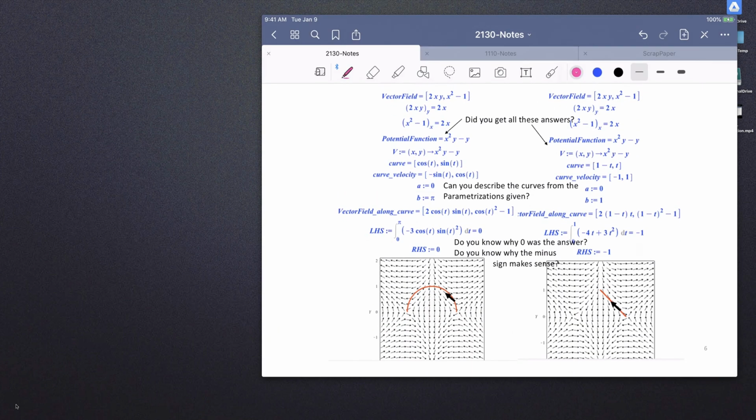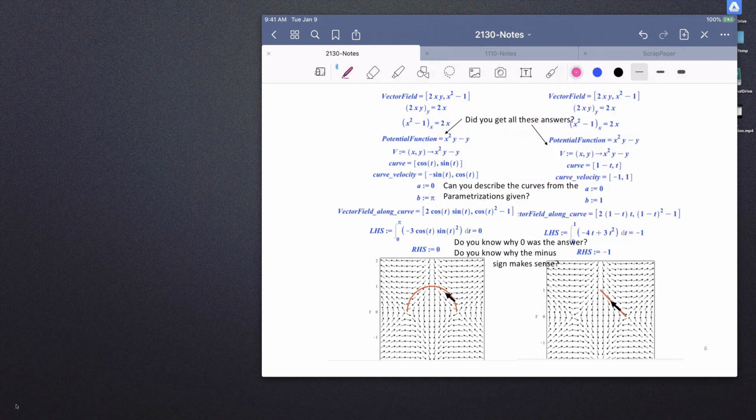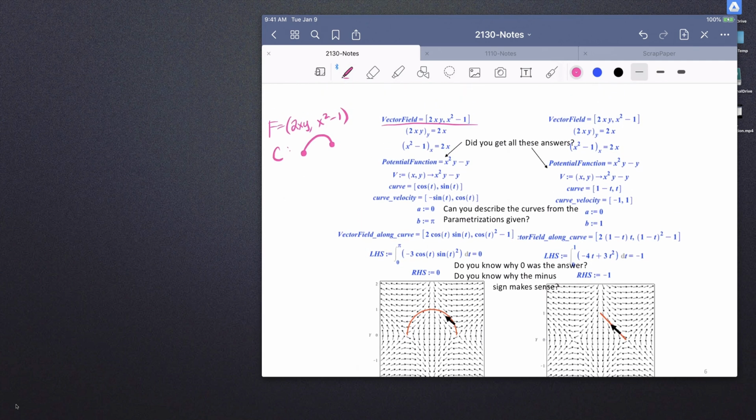So here's an example that we have done in the past. Let's make some observations here. We have a vector field given, and this vector field is equal to (2xy, x squared minus 1). Our curve C is the top half of a circle of radius 1, as seen in the figure on the left.